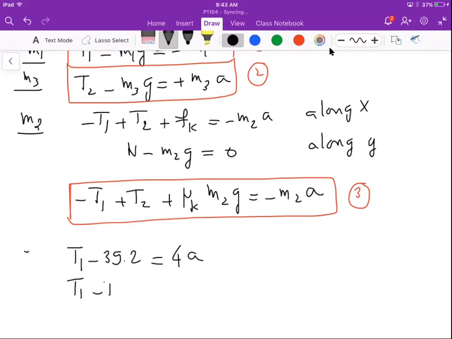So plus, let me just write it down, 0.35 times 9.8 is equal to M2A, so it's equal to 1 multiplied by A. And finally the third one gives me plus T2 minus M3G, which is 19.6 Newton, equals 2 times A. So 1 times A is practically A. So we end up with these three equations.